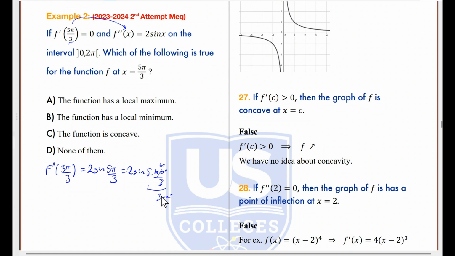This is in the last quadrant whose sign is negative. So we have a negative second derivative. Negative second derivative means the function is convex. If the function is convex, then we have a local maximum point.